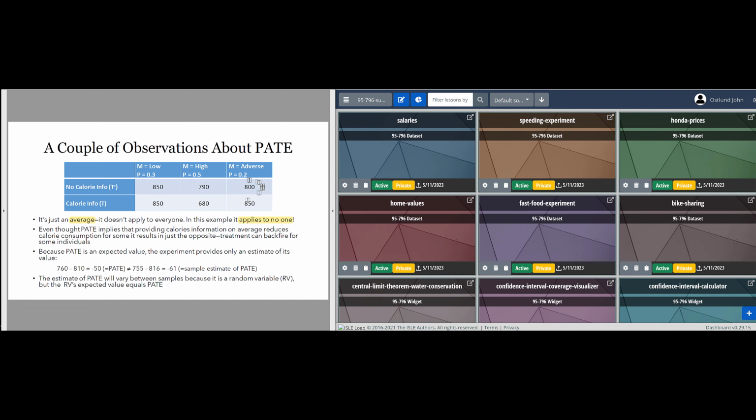Another problem here, it has to do with this adverse group. Sometimes providing a treatment can actually backfire. That is, you provide a treatment, you tell people that the treatment is good for them, but some people get annoyed by that or indignant about that and avoid the treatment.